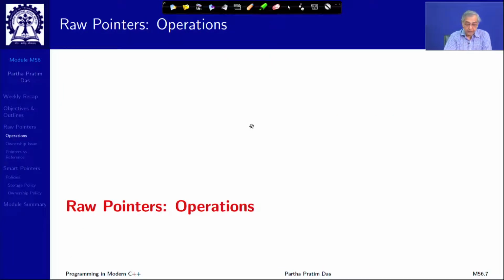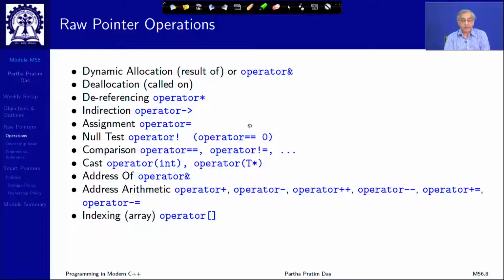Now, the resources, as we know, are held by pointers, and in this discussion we will call the pointers raw pointers to distinguish from the version of pointer that we are going to introduce, which is smart pointer. Just to remind you what the operations are that a pointer can do. Dynamic allocation results in a pointer, or the address-of ampersand operator will give you a pointer.